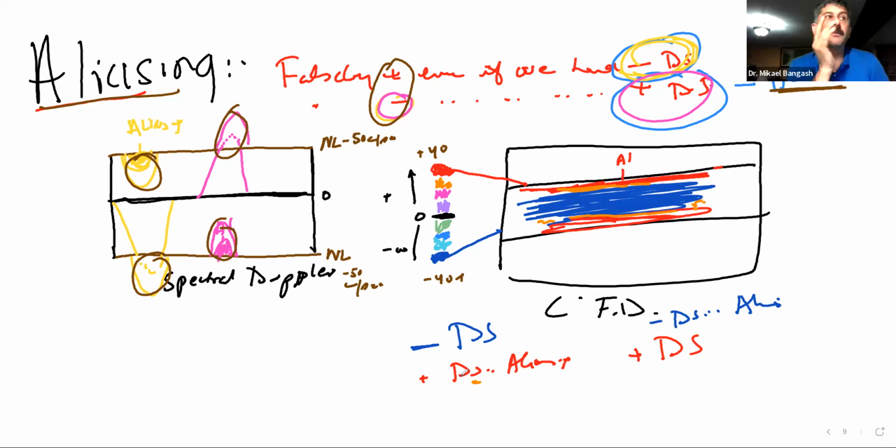Where in the blood vessel do you have a maximum speed? In the center. So aliasing occurs in the center.